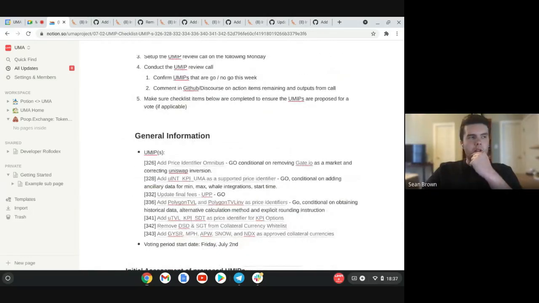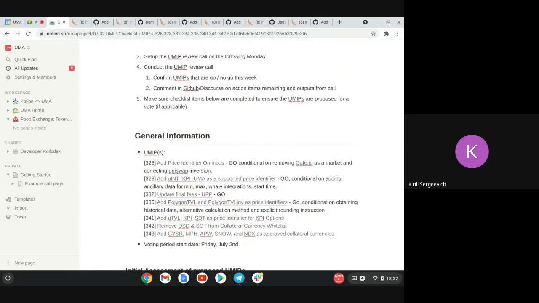Just out of curiosity, what are you guys intending to build out of this? We want to make a tool for investors. If you want to bet on the TVL level of big DeFi projects, Polygon is just the first one. So if you believe that TVL will go down, you can mint PolygonTVL.